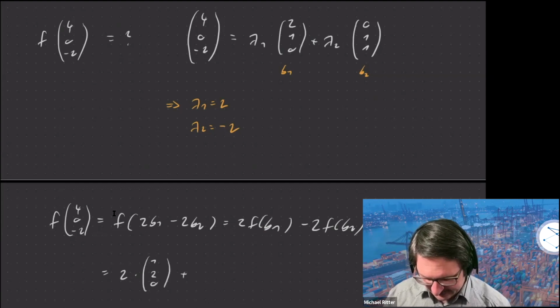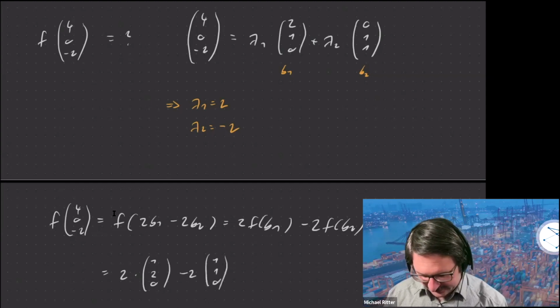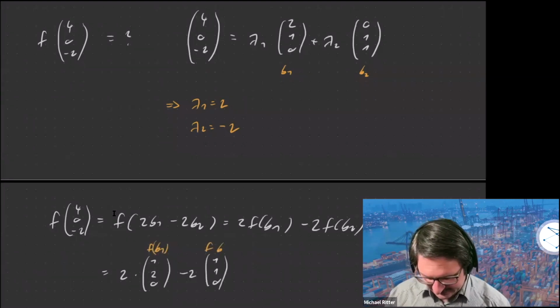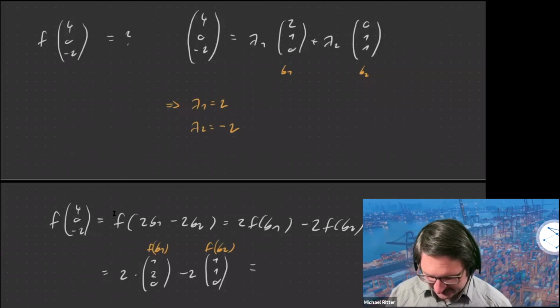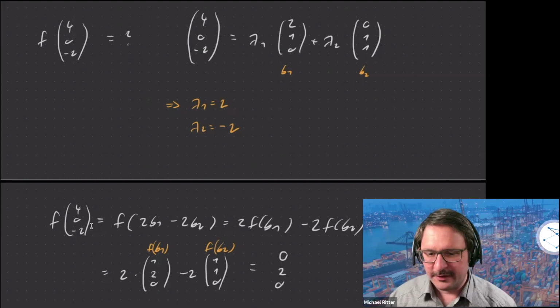And the second image, sorry, minus b2, of course. The second image is (1, 1, 0). So again, this is f of b1. This is f of b2. And the result is then (0, 4 minus 2, that's 2, and 0). And hopefully that was correct.